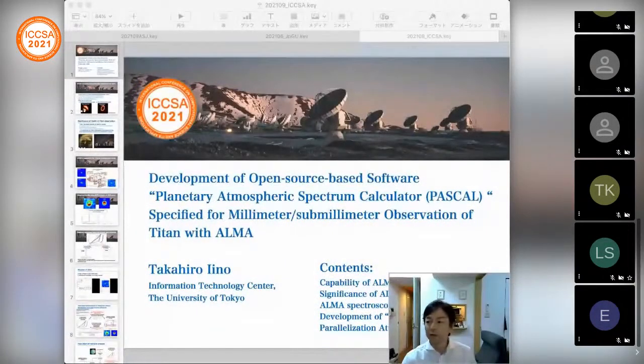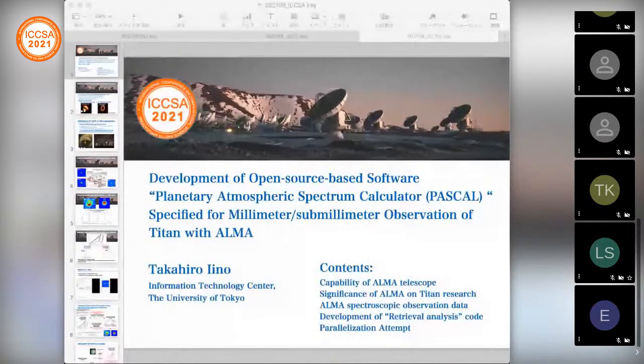Okay, thank you. Can you see my slide? Okay, I confirm that. Thank you for introducing my research title. I'm Takahiro Ino from the University of Tokyo. I'm going to show you our recent development results of open source based software for the analysis of the astronomical data obtained using ALMA.